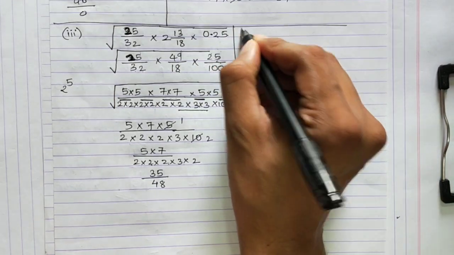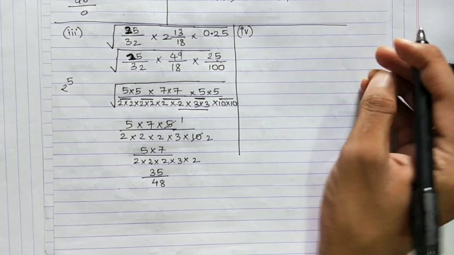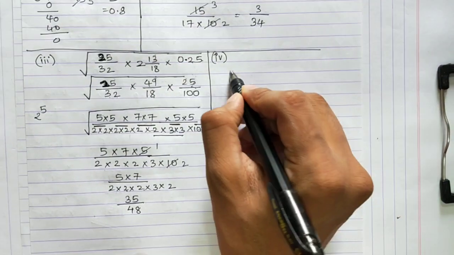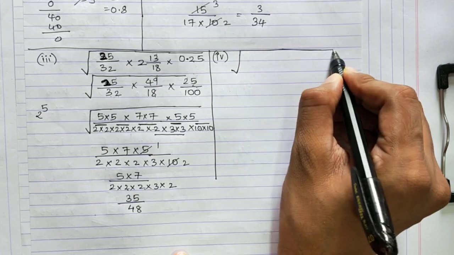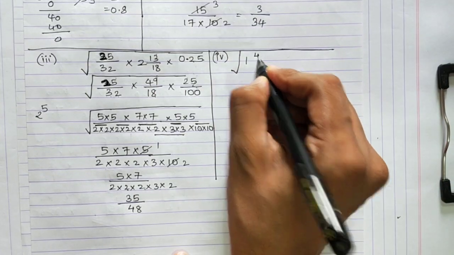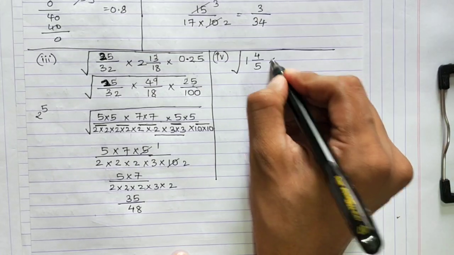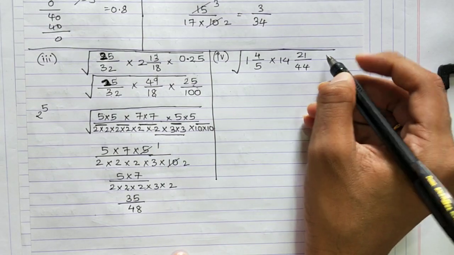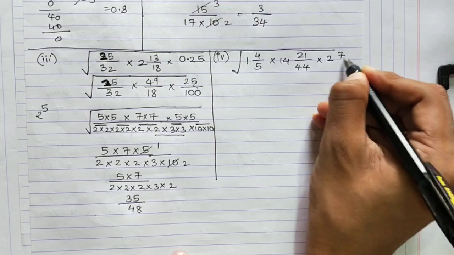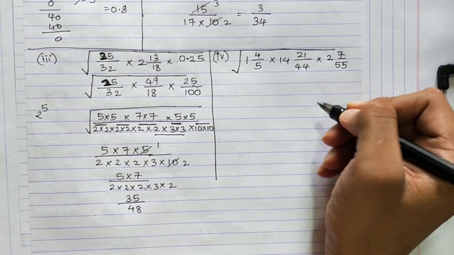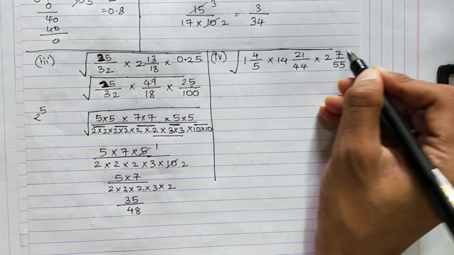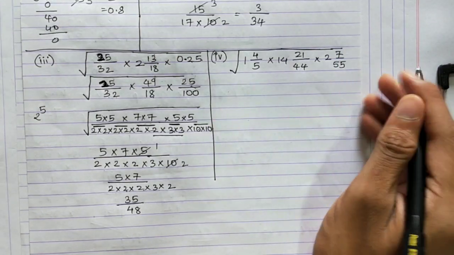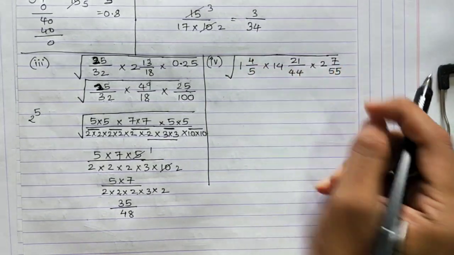Next, question 4 is similar. All three numbers are given in mixed fraction.